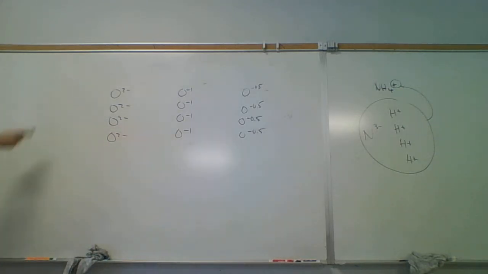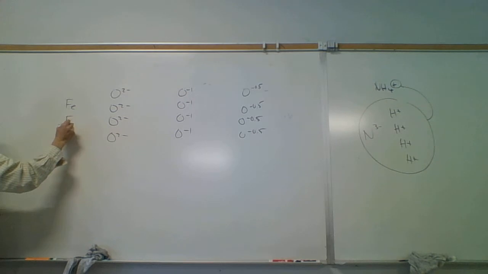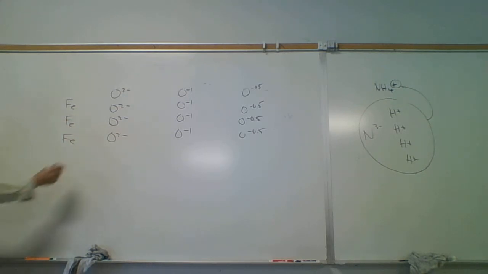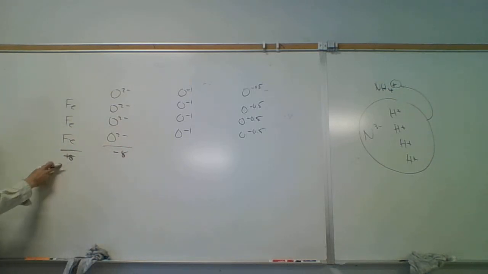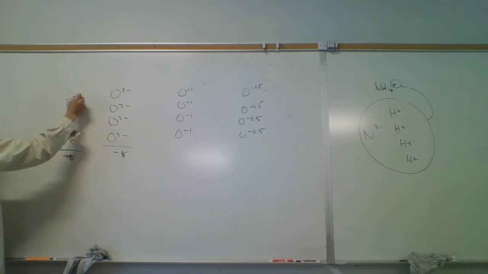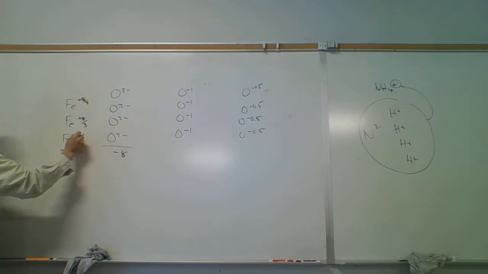If all these are oxide type oxygens, then iron would be, well, we have 3 irons. And so what would iron's charge be? Well, this sums to -8. This has to be +8 to balance out. And so each iron is going to be +8 thirds.